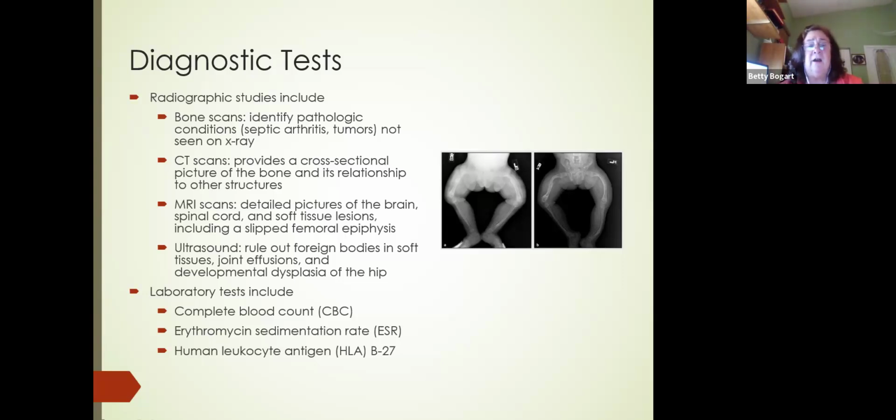And then an ESR, an erythrocyte sedimentation rate. What that measures is inflammation. It shows infection. I mean, you'll see that elevated a lot in juvenile rheumatoid arthritis. That elevates when they're in flares. And then the human leukocyte antigen, again, looking at inflammation.